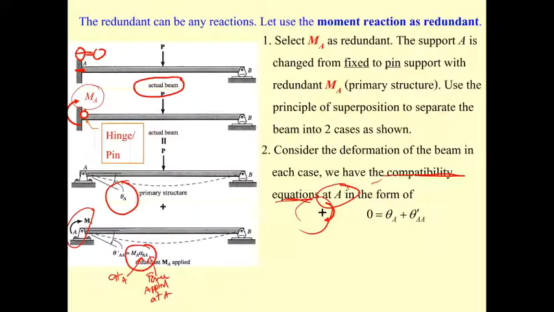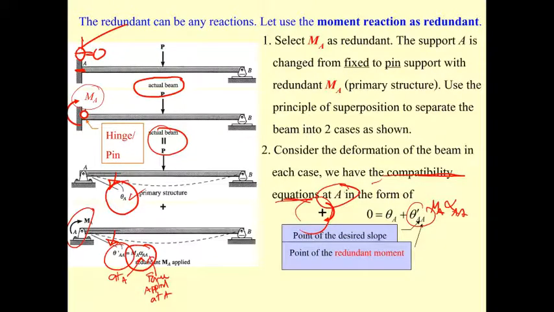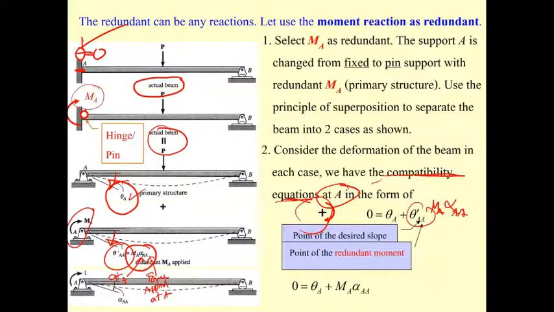So 0 equals positive theta sub A plus positive theta prime sub AA, and theta prime sub AA is going to be M sub A times alpha sub AA. This one is the point of design slope, this one the point of linear moment. You get this. Okay, by setting up the moment M sub A equal to 1, you get this for alpha sub AA. And now M sub A is going to be minus theta sub A divided by alpha sub AA.